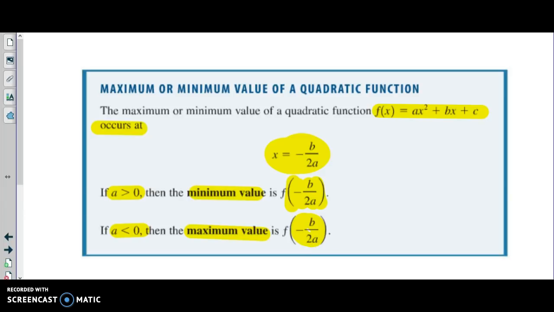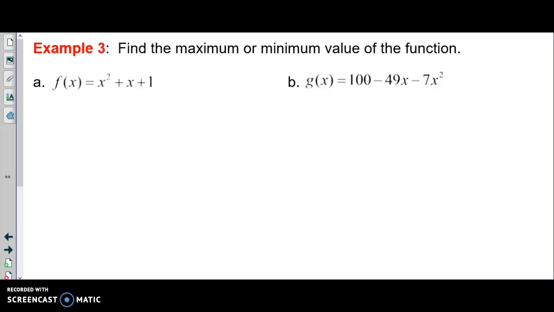We're going to do some examples here. It says find the maximum or minimum value of this function. So we have f of x equals x squared plus x plus 1. First I'm going to look for negative b over 2a. If I plug that in, x equals negative 1 over 2 times 1, which means x is negative a half.